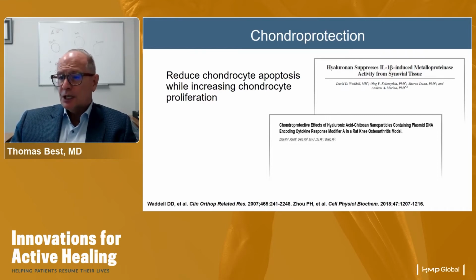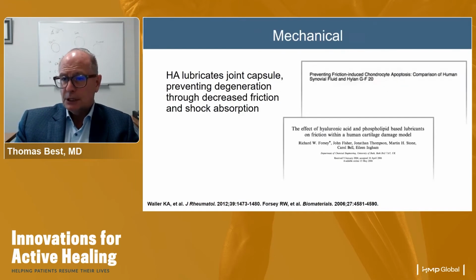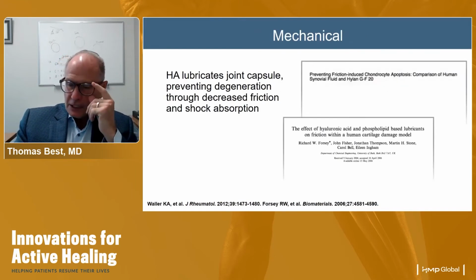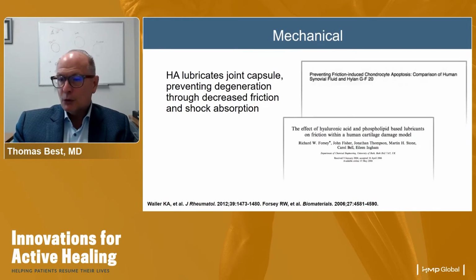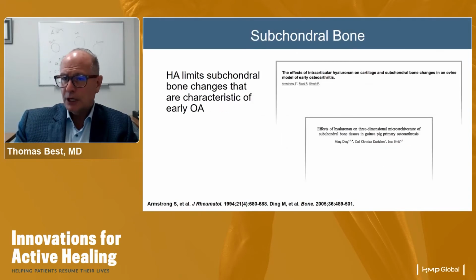And again, as you can see, particularly in this one paper here, which is a rat osteoarthritis knee model, there's some suggestion that hyaluronic acid can in fact be chondroprotective. I mentioned earlier the mechanical effects. These are a couple of nice papers showing that you can alter the mechanical properties of the joint. I referred earlier to viscoelasticity of the joint, and that's an important concept as well.